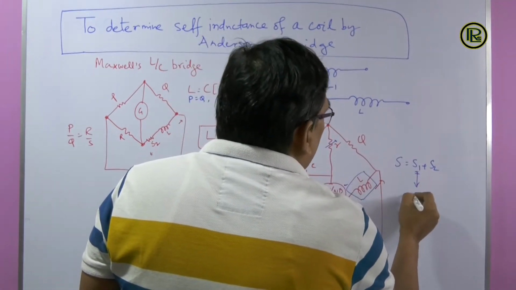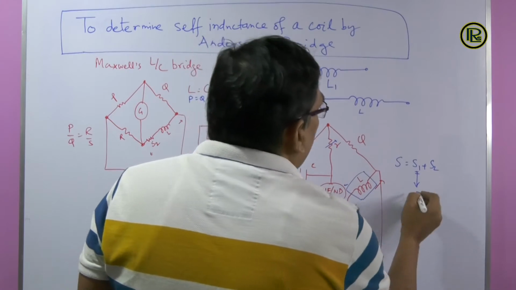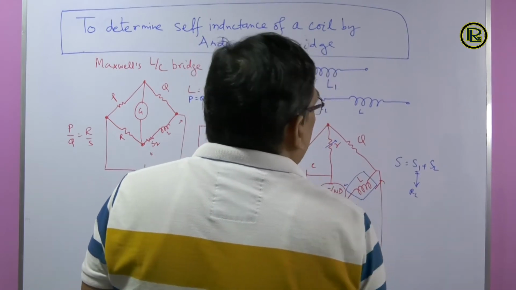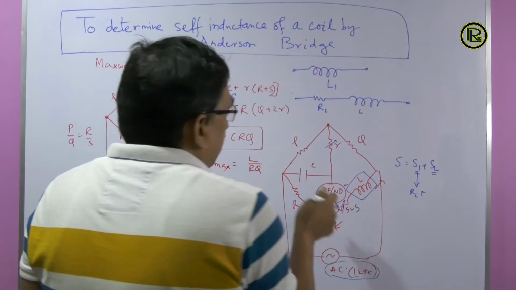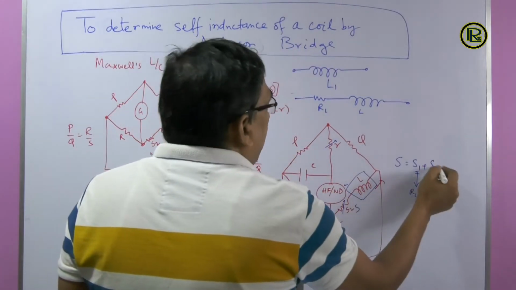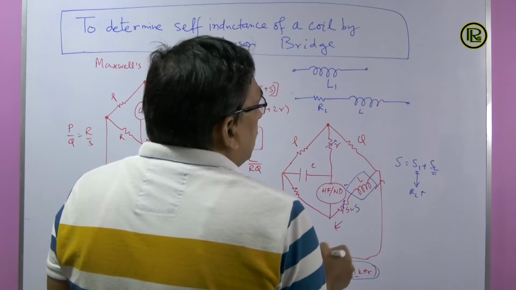So this S1 corresponds to the resistance of L, that is RL, and this S2 is externally applied and we can vary it. So this is variable.